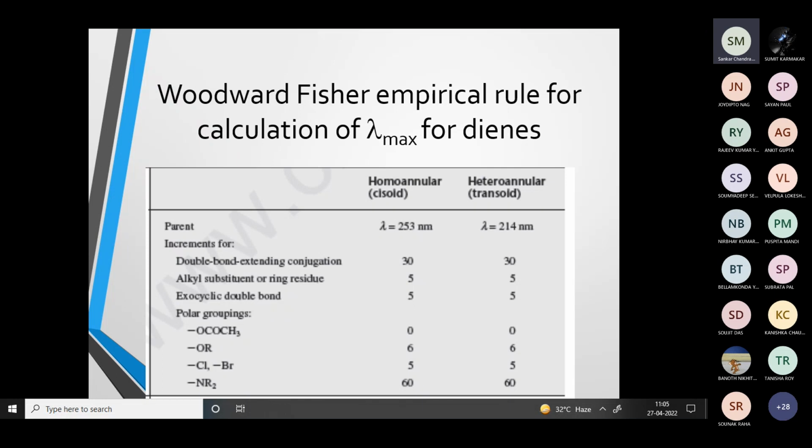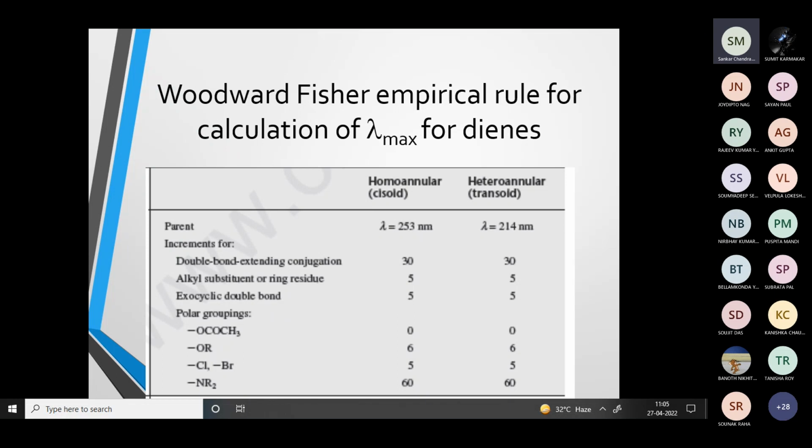So their lambda max position is very important. This lambda max position we calculate by experimental method, and similarly, Woodward and Fieser also give an empirical rule. Empirical rule means it is not exact, but it is very close to the experimental one. That rule is applicable for some compounds, and we will show you in the next slide.